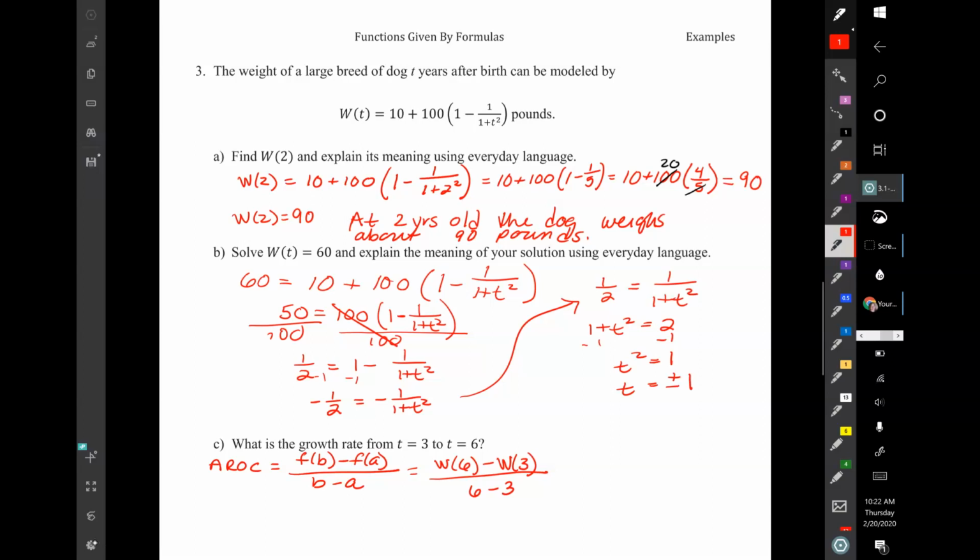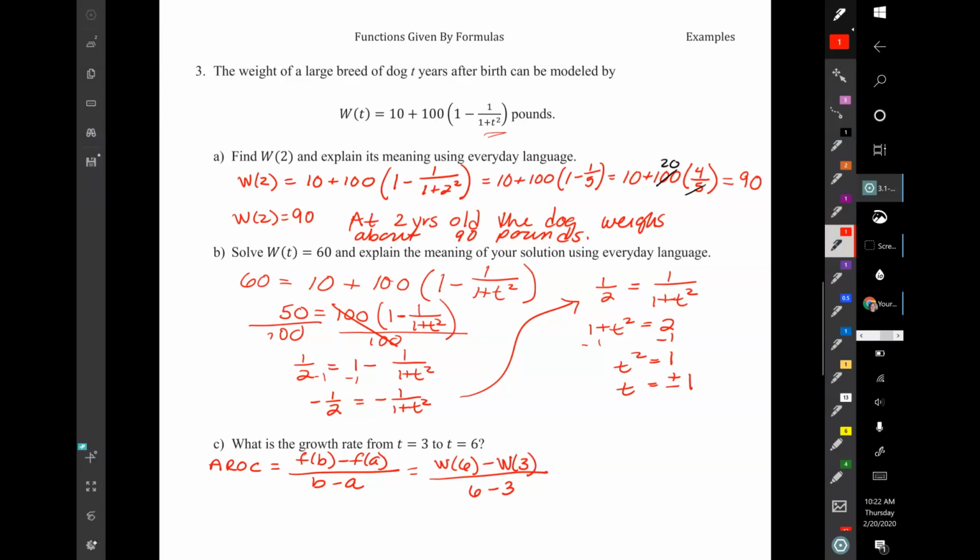And you have to think, is that a reasonable domain? Does 1 work in there? So the domain would only be positive, I believe, because we wouldn't have a negative birth. Even though negative 1 would work up here because I'm squaring it, and so I would always end up with a positive denominator, it wouldn't make sense to have a negative year.